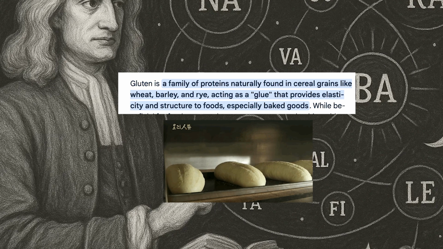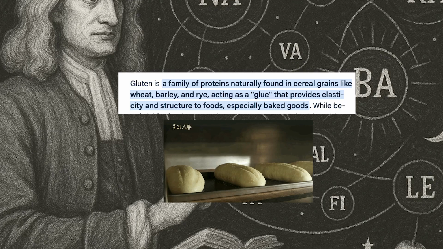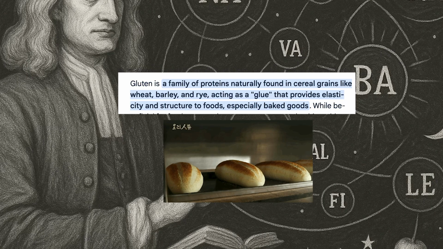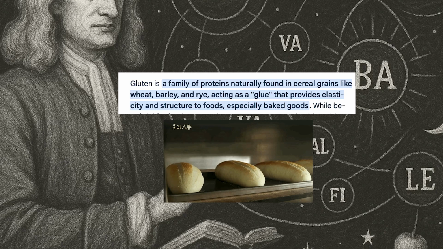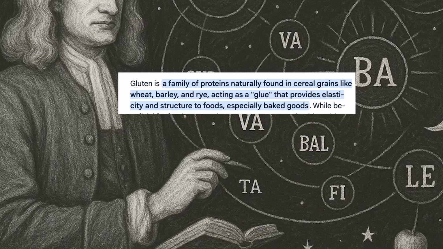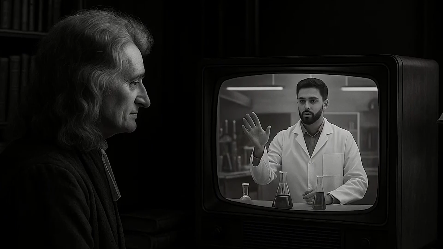Gluten proteins, as you call them in your time, gliadin and glutenin, form extensive hydrogen bonds with water, creating a hydrated protein matrix. This is what gives bread its chewy texture and holds the dough together in the way we're familiar with. What's interesting is the sameness of function, though 3 centuries stand between us.